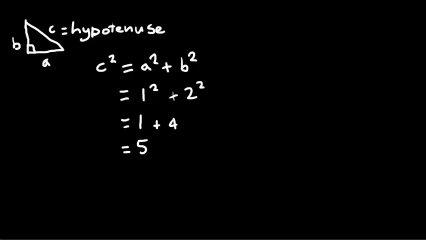Okay, so once we've got 5, remember this is C squared. To work out what C is, we have to square root 5. That's a very bad square root symbol. You should be drawing a lot neater than that. Okay, so this is the surd form, they call it.